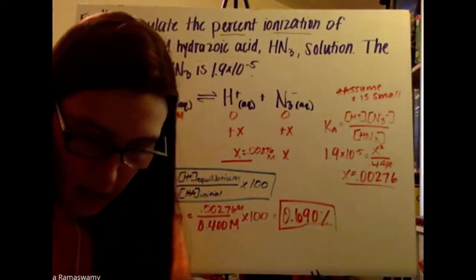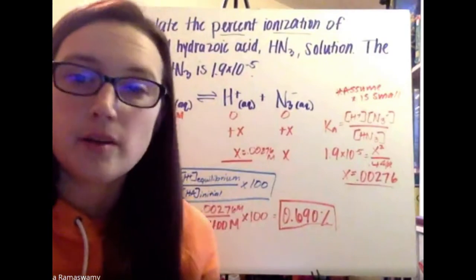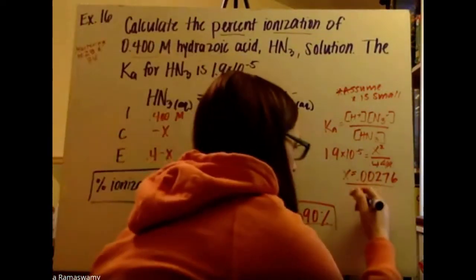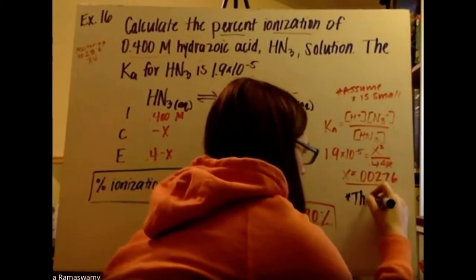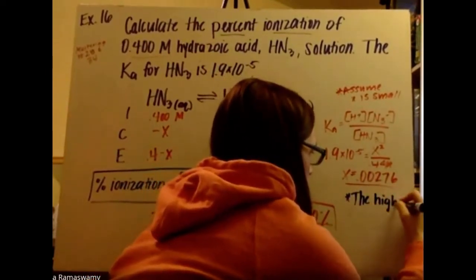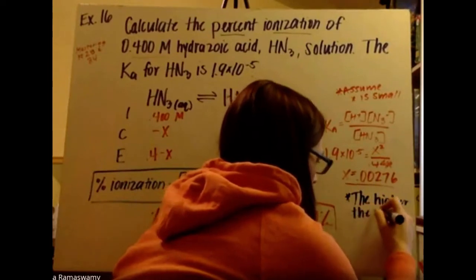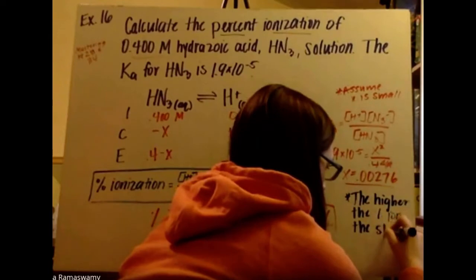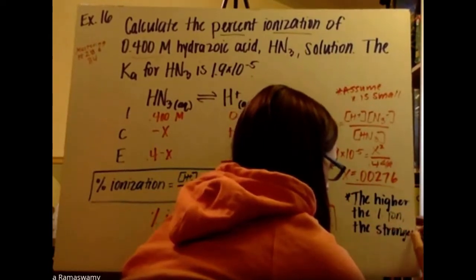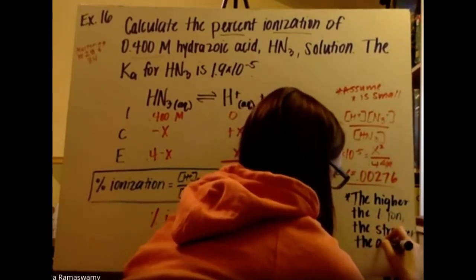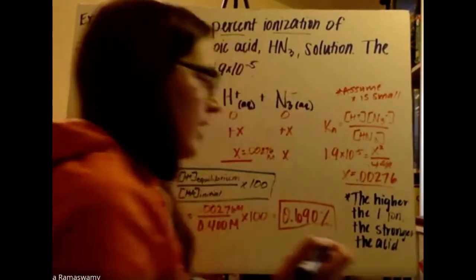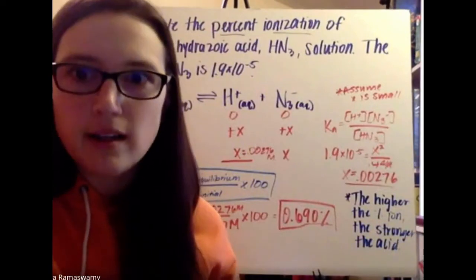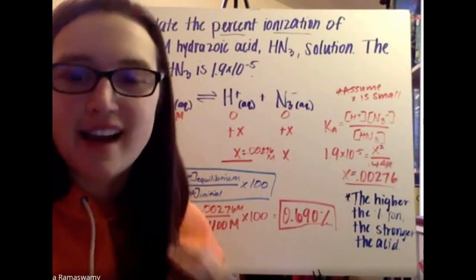And something to keep in mind is the higher the percent ionization, the stronger the acid. So I'll write it over here. The higher the percent ionization, the stronger the acid, because think about it.